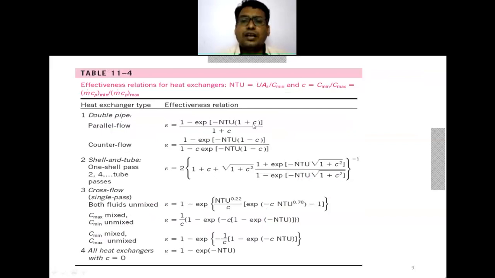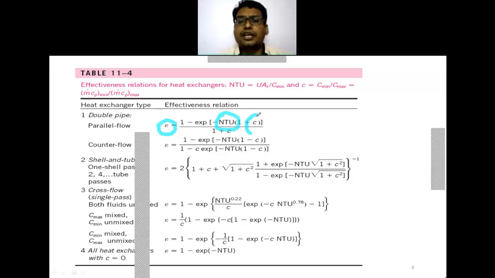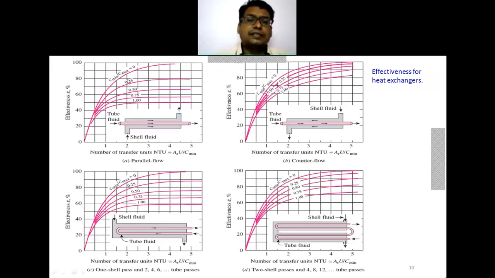Epsilon is there, the NTU is there, and the ratio of heat capacity rates is there. So I can plot a graph of the effectiveness against the NTU and C. C is nothing but C minimum upon C maximum.